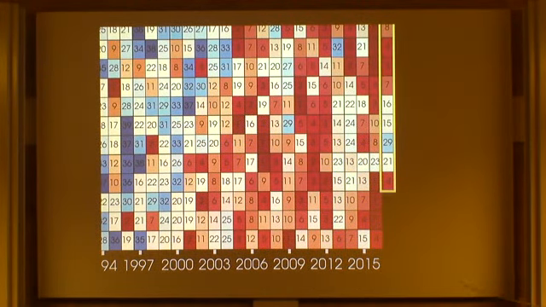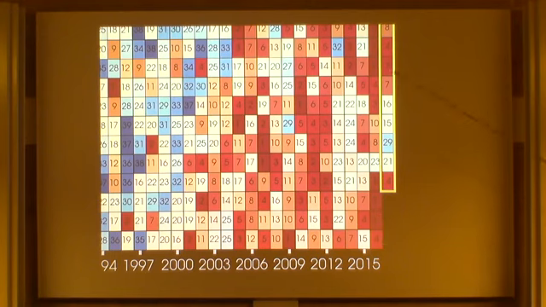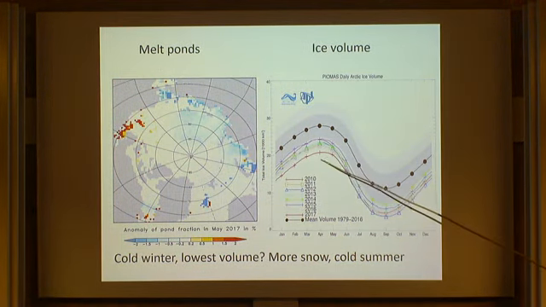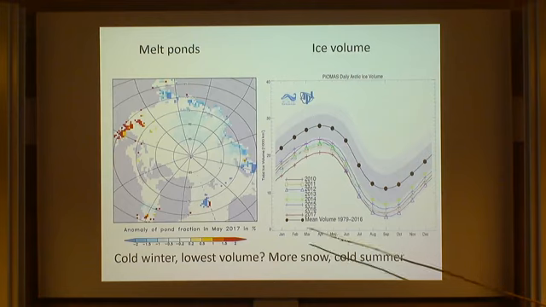And if you looked here, 2016 was an extreme warm year, with an extreme warm autumn. So the ice growth started quite late. So we had the lowest ice volume, at least according to biomass here. But the temperatures were not that high in May-June, so the melt formation was slow.